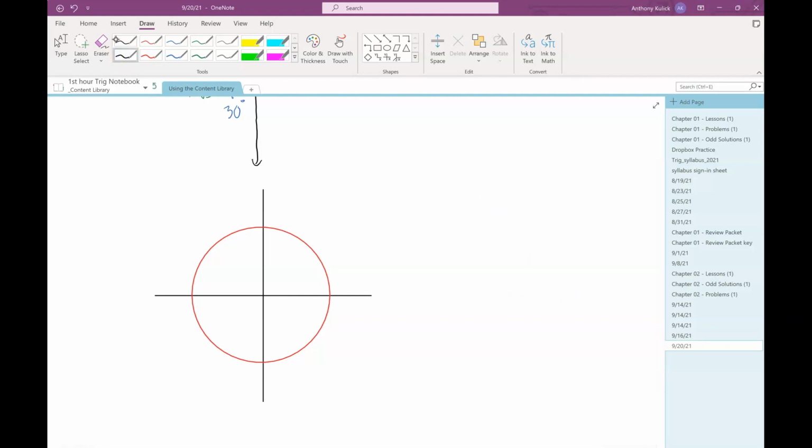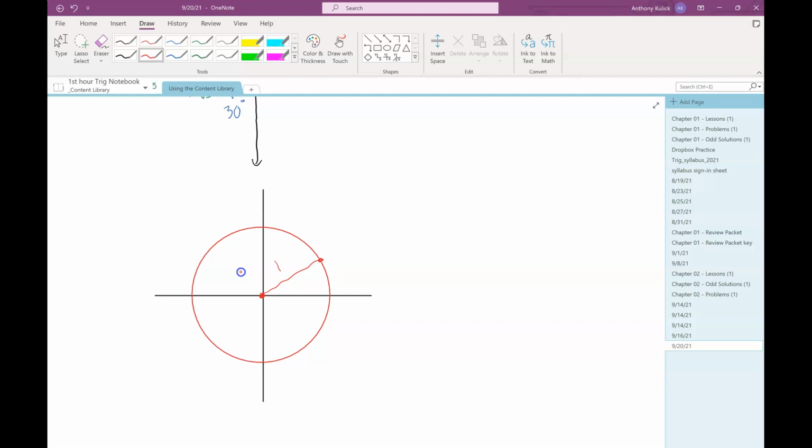So what we're going to do is we're going to fix a point that is always 1 unit from the origin. So that point P that we make when we make our reference triangle is always just going to be 1 unit from the origin.